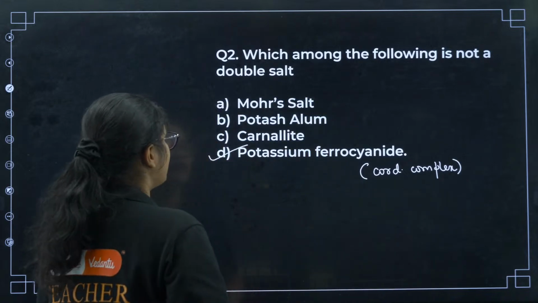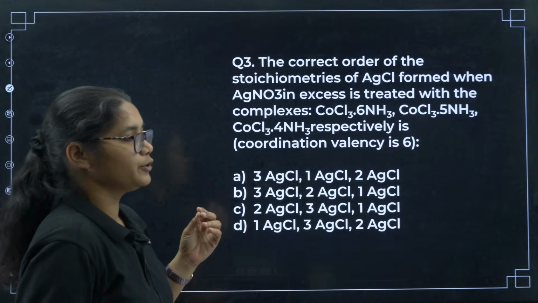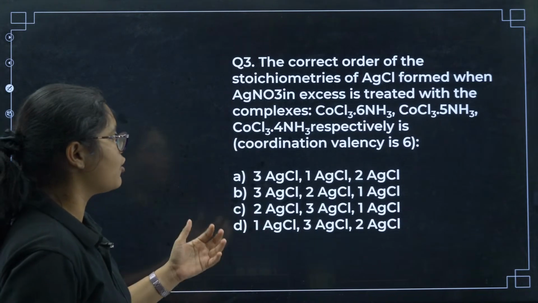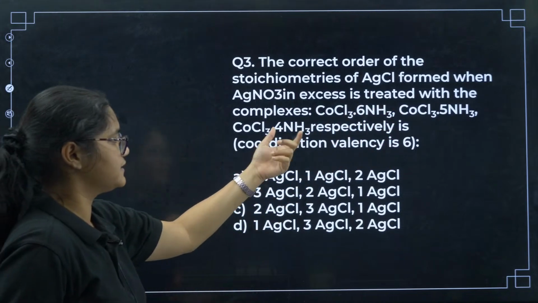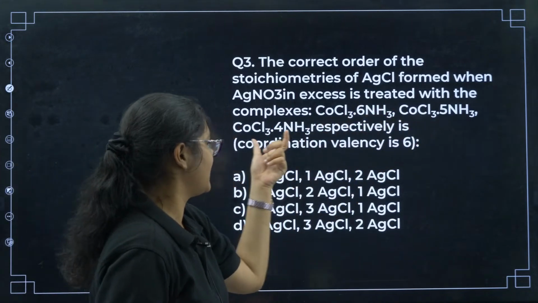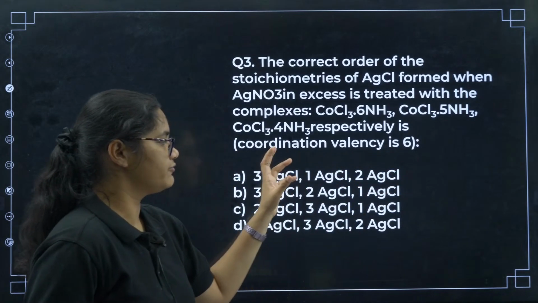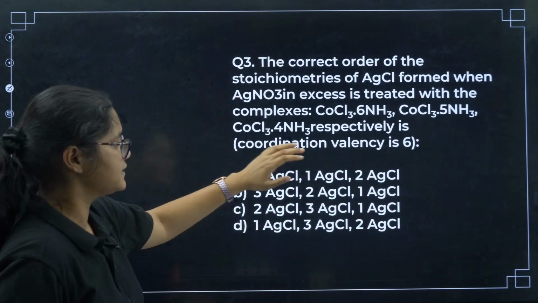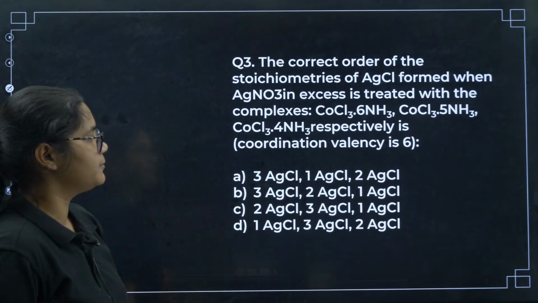Okay, next we have question number 3. The correct order of the stoichiometries of AgCl formed when AgNO3 in excess is treated with these complexes respectively, and the coordination number of these compounds is 6. How many moles of AgCl will be produced?